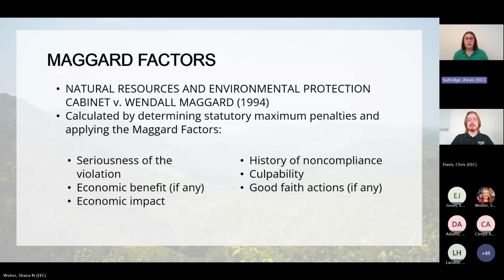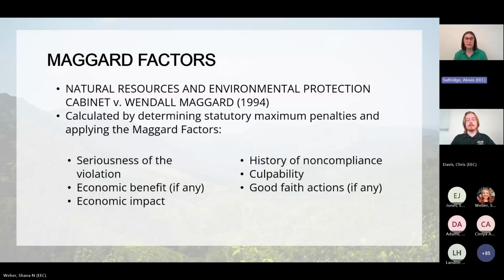All of our environmental regulations hold a fine of between $1,000 and $25,000 per violation per day. A lot of the violations that we deal with on a daily basis, Clean Water Act, the Clean Air Act, the Resource Conservation and Recovery Act, those are all $25,000 per violation per day fines.